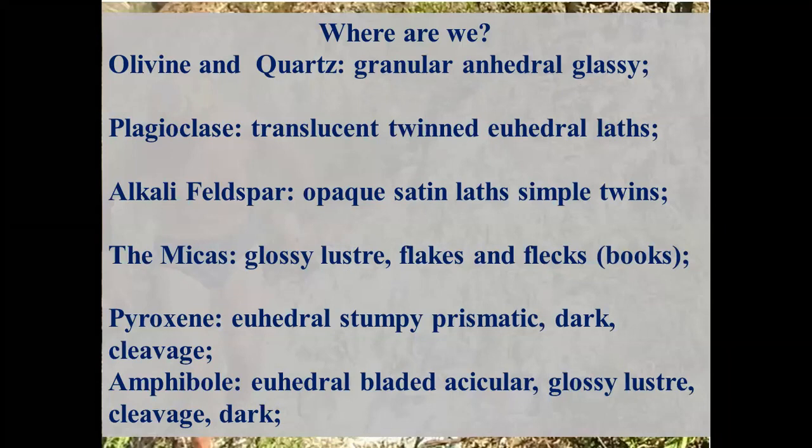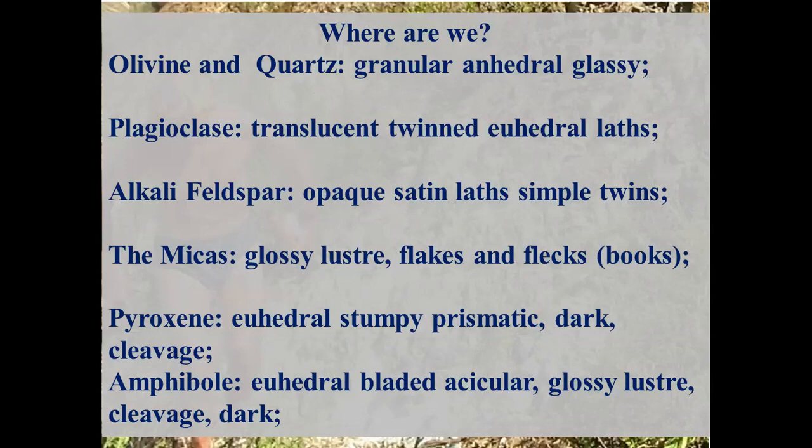We could separate olivine and quartz because, generally speaking, olivine was an olive green color and quartz was colorless. We also looked at plagioclase, and because plagioclase is translucent and can be quite transparent at times, there could be confusion between the translucent plagioclase and the granular quartz, if you don't have proper euhedral crystals of plagioclase.